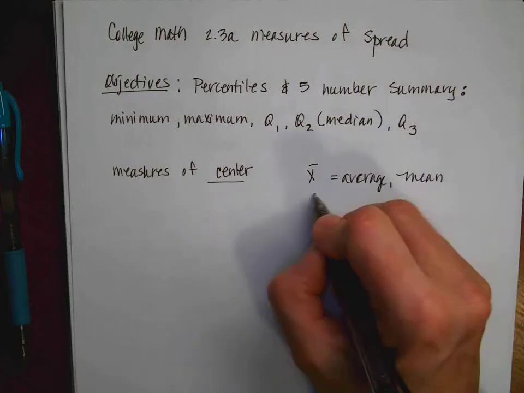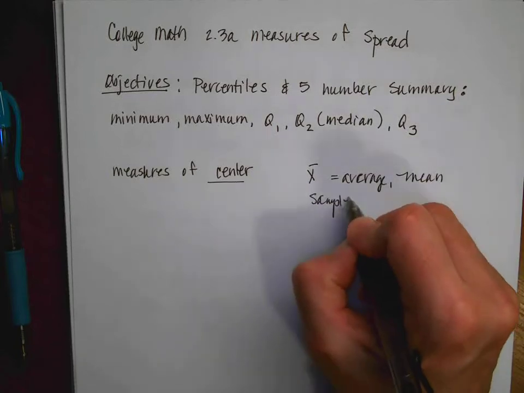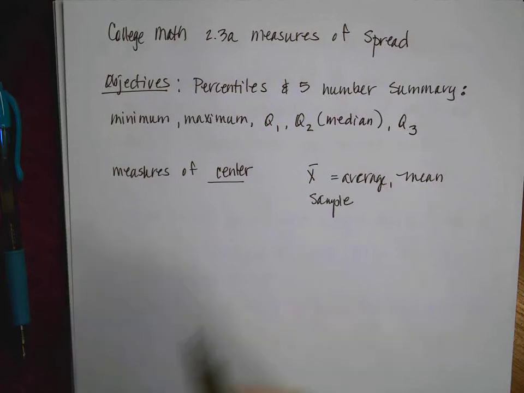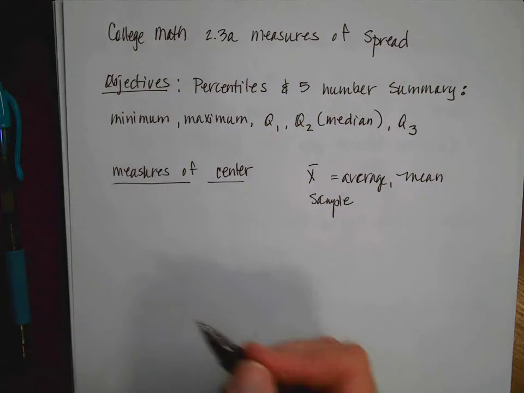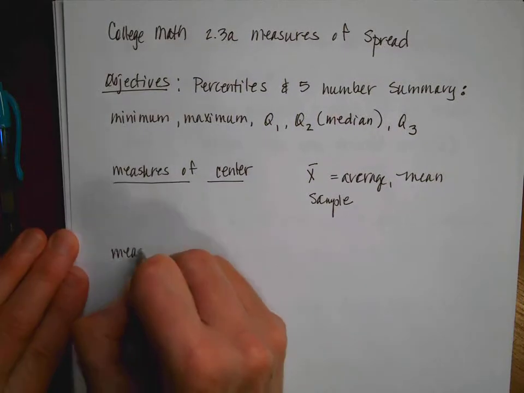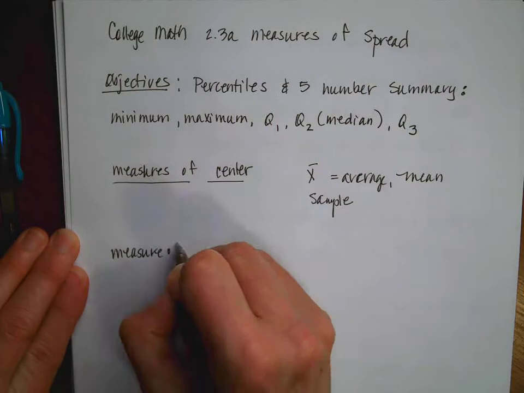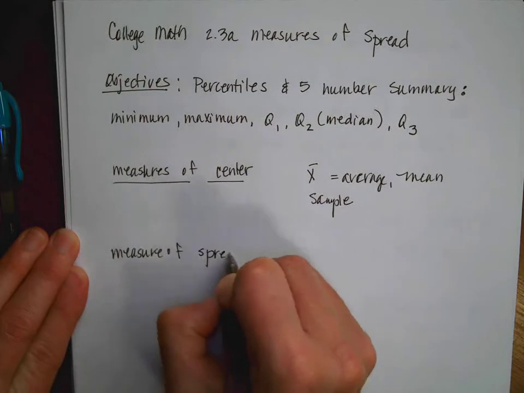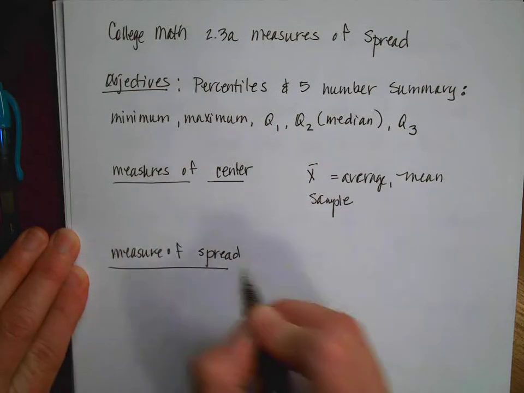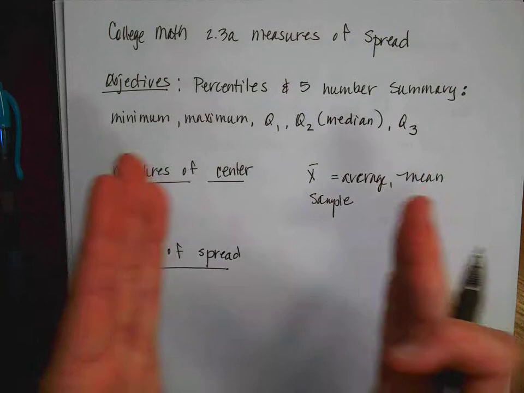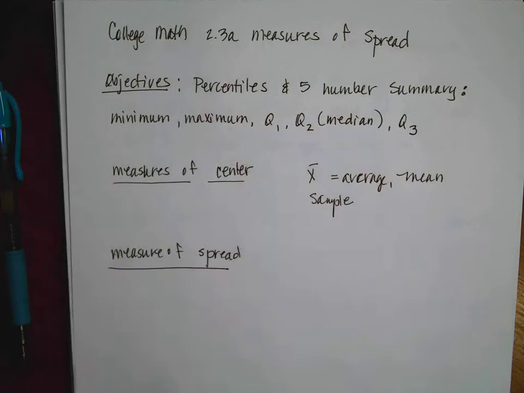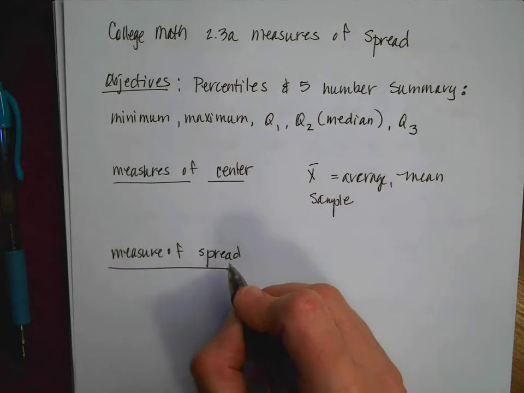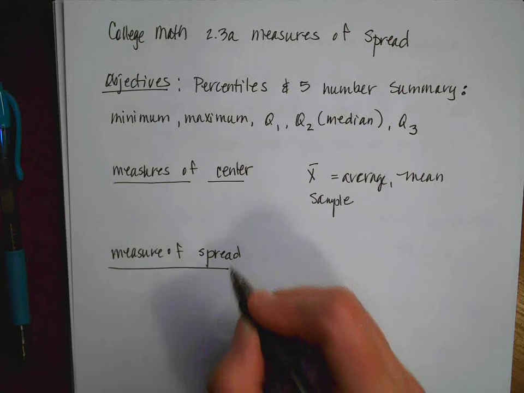Remember that this was also for our sample, not the population. So sometimes instead of looking at measures of center, we want to look at the measures of spread. So we want to look at how spread apart is the data. Is it really wide or is it really narrow? So measures of spread is what we're going to focus on today.